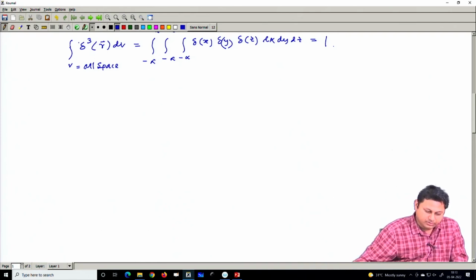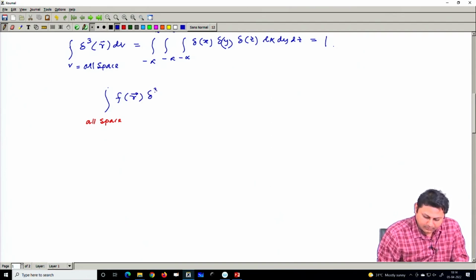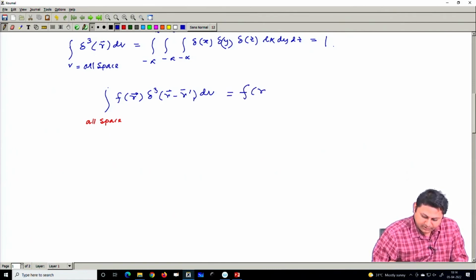Well, now if I integrate this over a function in all space, as we do in one dimension, and then integrate this function, we will simply have the function evaluated at the r prime point.